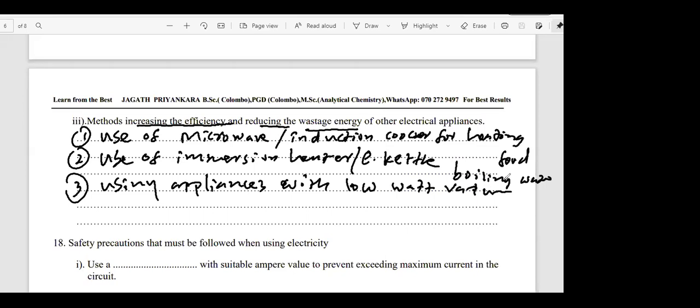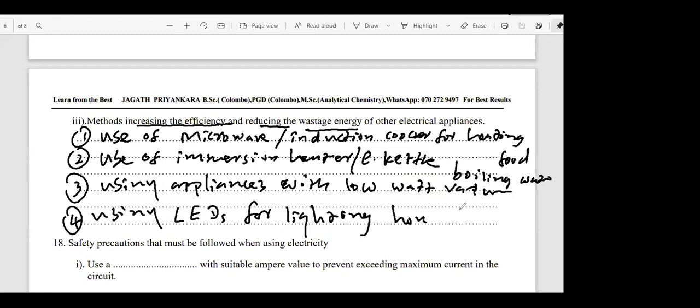Selecting appliances with low watt value: same appliance, same purpose, but one has low watt value, then you should go for that one rather than the other one. Understood? Then, in addition, you can write using LEDs for lighting houses.